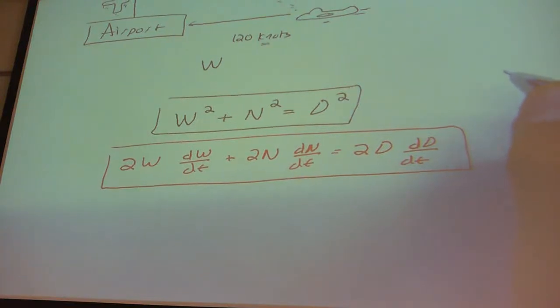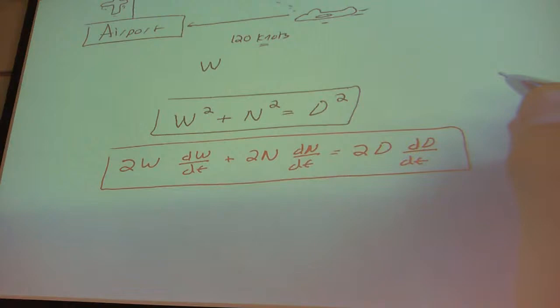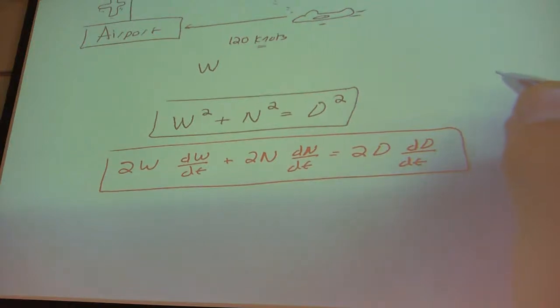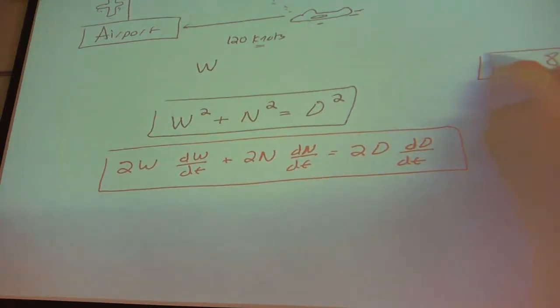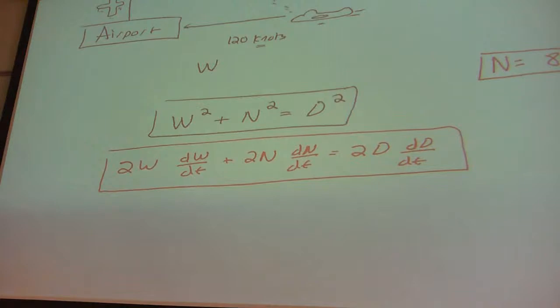They told us a couple things. First of all, they told us that the northbound plane is 80 miles away. They told us that the westbound plane is 60 miles away.